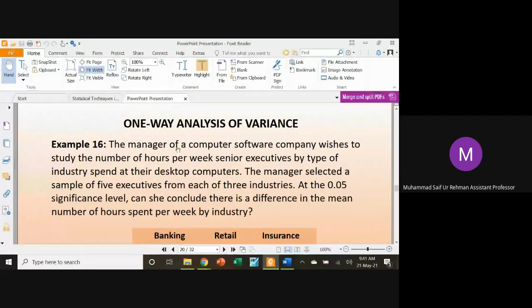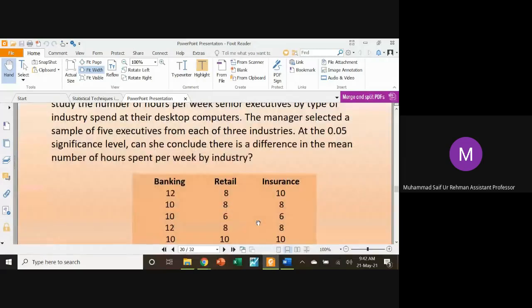The manager of a computer software company wishes to study the number of hours per week senior executives by type of industry spend at their desktop computers. The manager selected a sample of 5 executives from each of 3 industries. At 0.05 significance level, can she conclude there is a difference in the mean number of hours spent per week by industry?